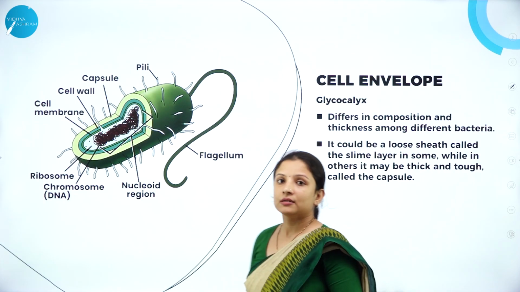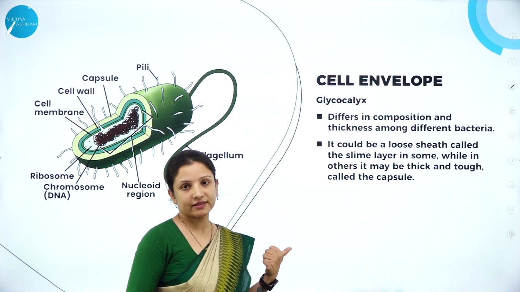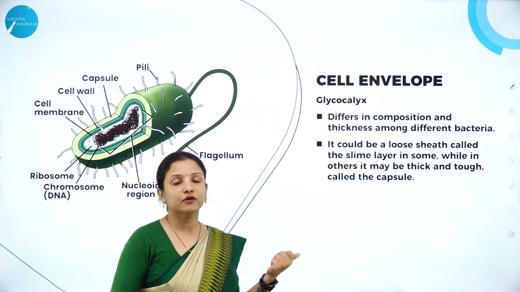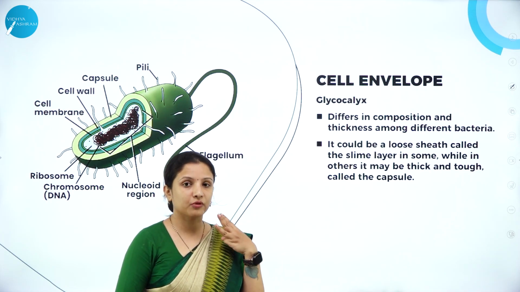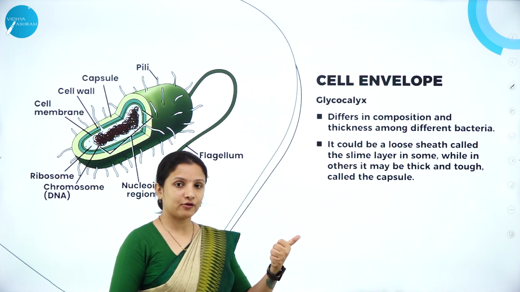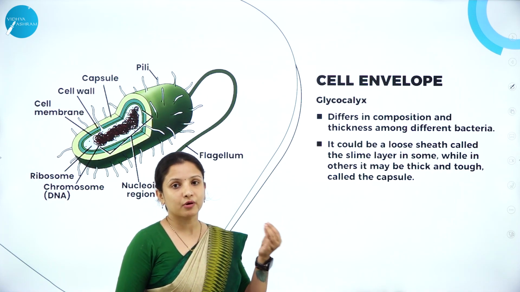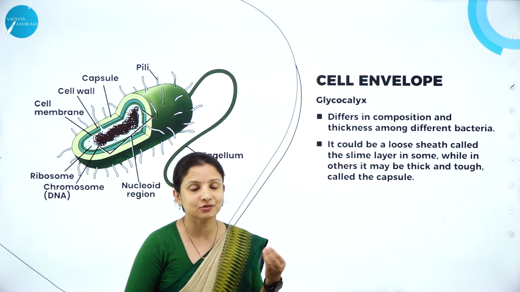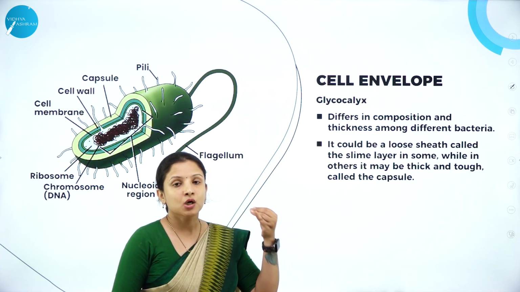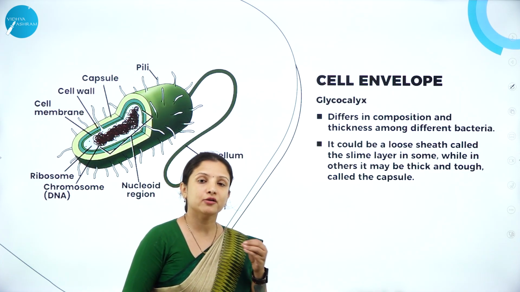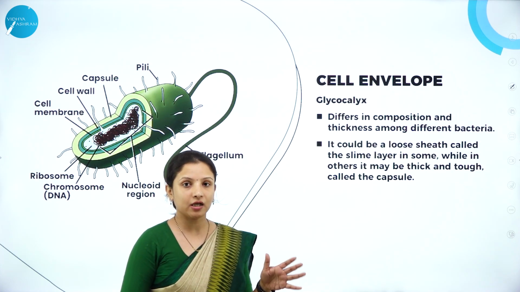Talking about the cell envelope, in the previous slide we learned that the cell envelope of bacteria is made up of 3 layers, right? That is the glycocalyx, the cell wall, and then the plasma membrane. So let's talk about the glycocalyx. Glycocalyx is one of the peculiar components which is present only in bacteria, and you don't get to find that in any other organism.